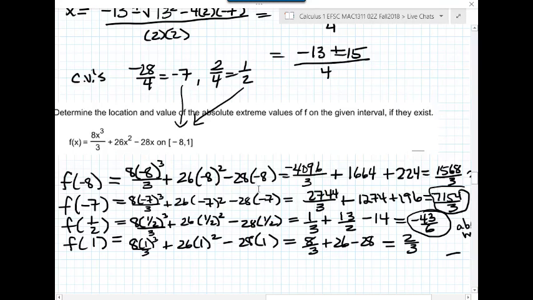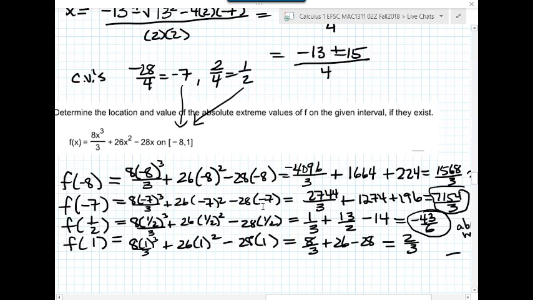Okay, so then we have to look and figure out what's the largest value on the list and the smallest value on the list. And actually, I don't think I even need a calculator estimate, because 7154 over 3 is bigger than 2/3 or 1568/3, and then this one is the smallest because it's a negative.